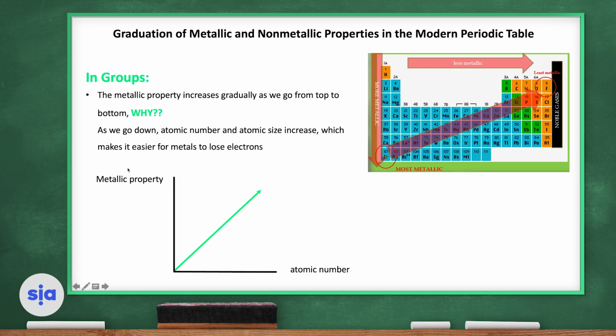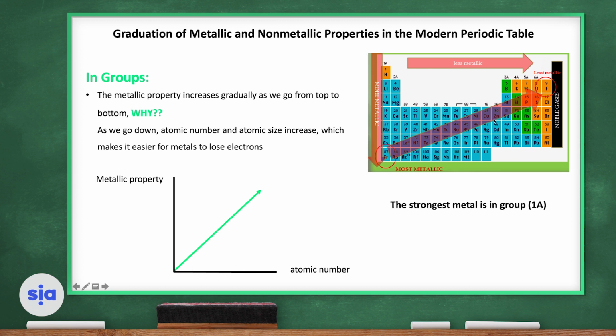Therefore, metallic property has a directly proportional relation with the atomic number. Again, in groups, from top to bottom, metallic property increases, atomic number increases, and atomic size increases as well.